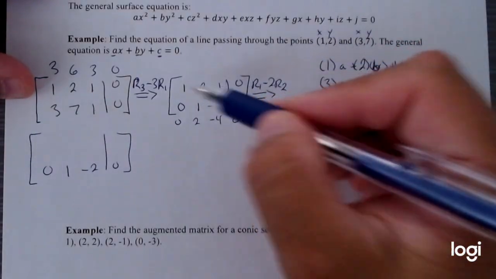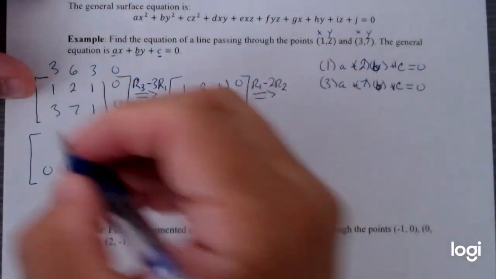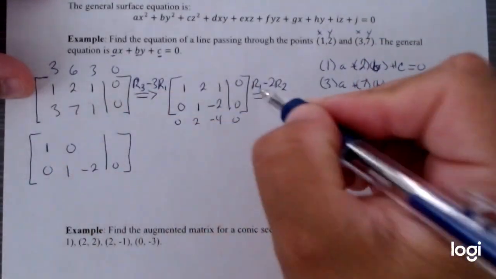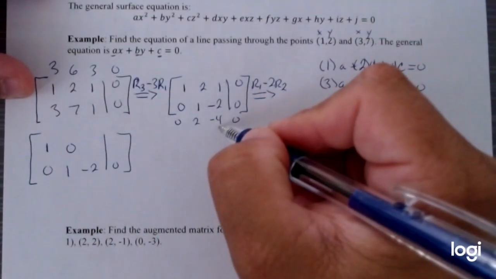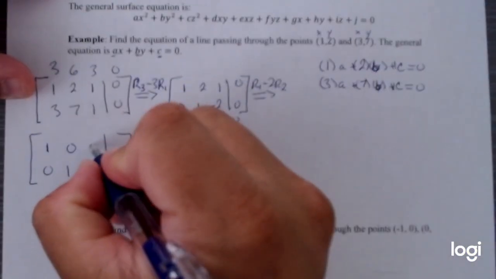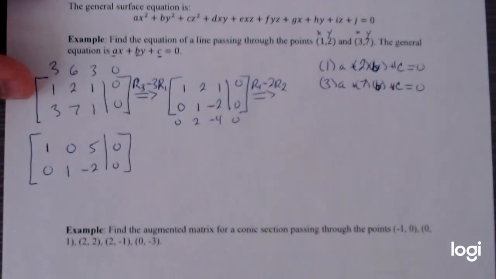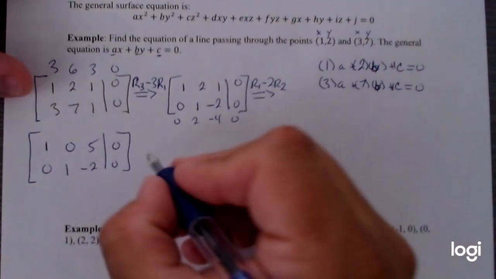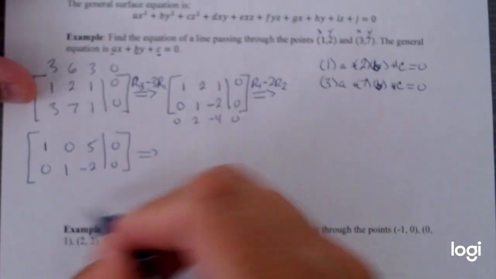So we have, okay, subtract this minus this, minus this minus, so it becomes plus, so it's 5 there. Okay, so now from here we go backwards, right?